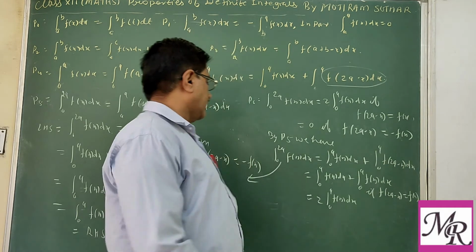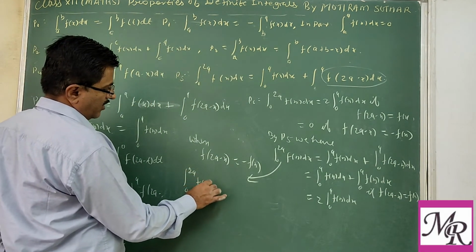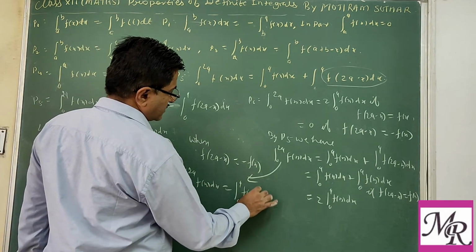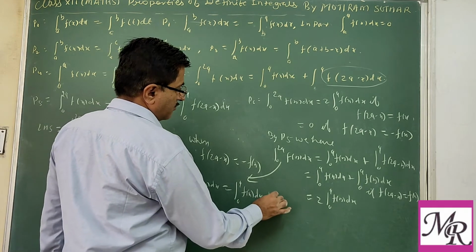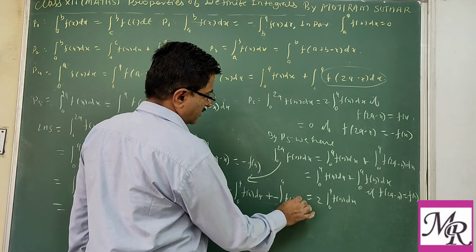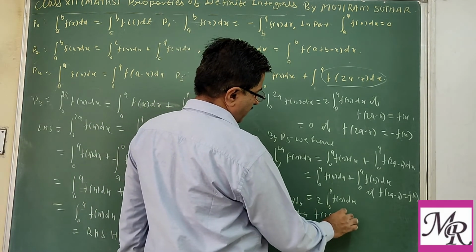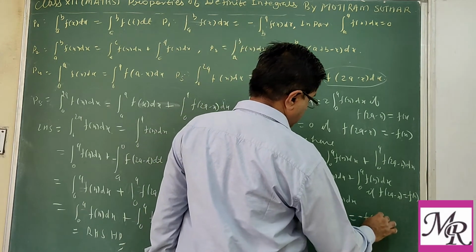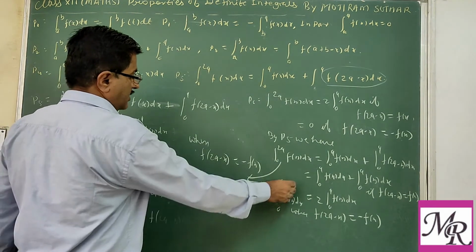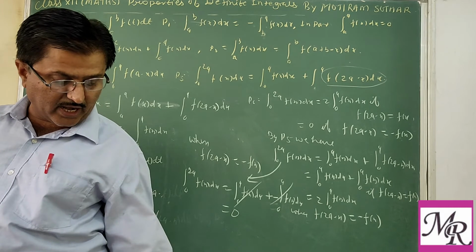So we get the integral from 0 to 2a of f(x) dx equal to the integral from 0 to a of f(x) dx minus the integral from 0 to a of f(x) dx. Now both are the same but of opposite sign. That's why this is 0. So this P6 is also very important.